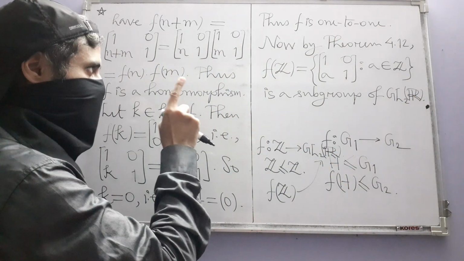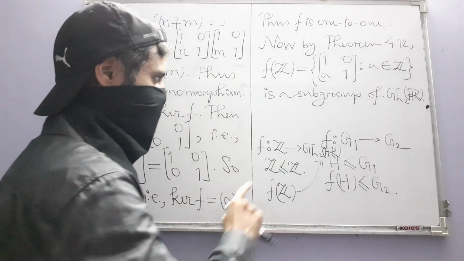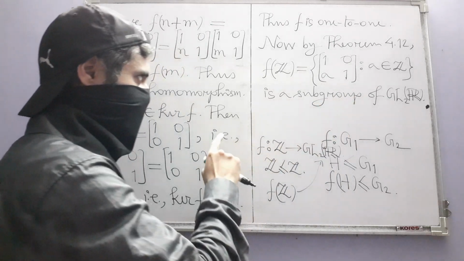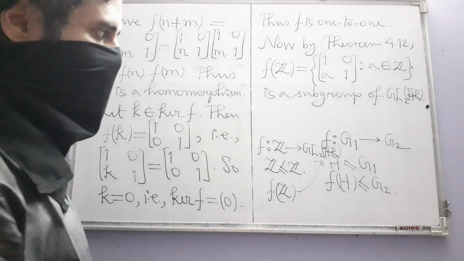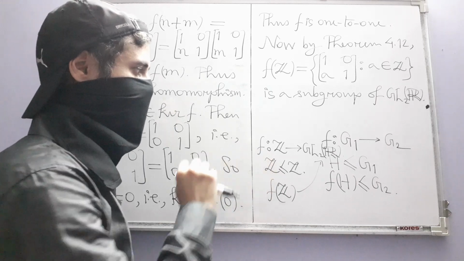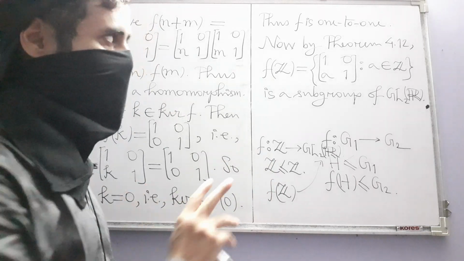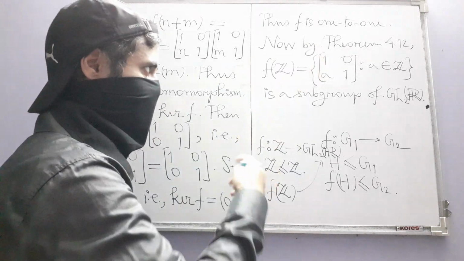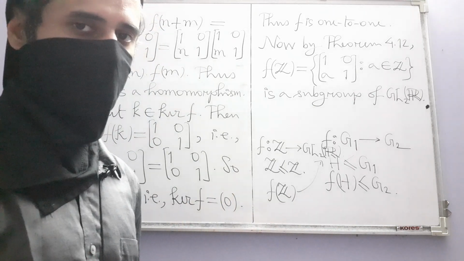We could have written this conclusion after showing that f is a homomorphism, because all we need for this is the function to be a homomorphism. That's it. The function being one-to-one as well is extra.